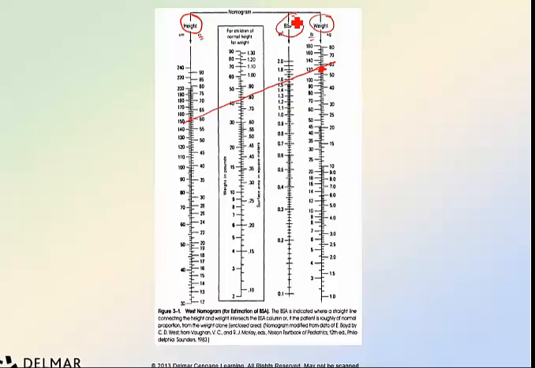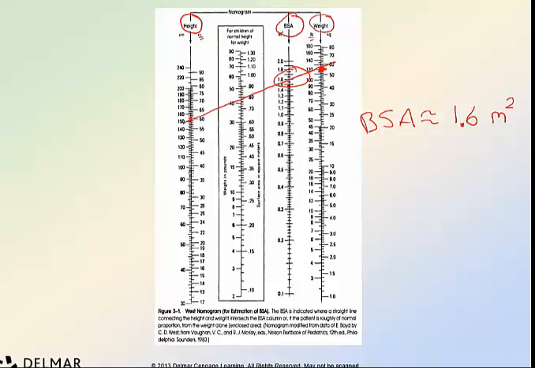And where that line segment crosses the body surface area scale is an estimate of the body surface area. So it looks like the estimate of the body surface area is 1.6 square meters.